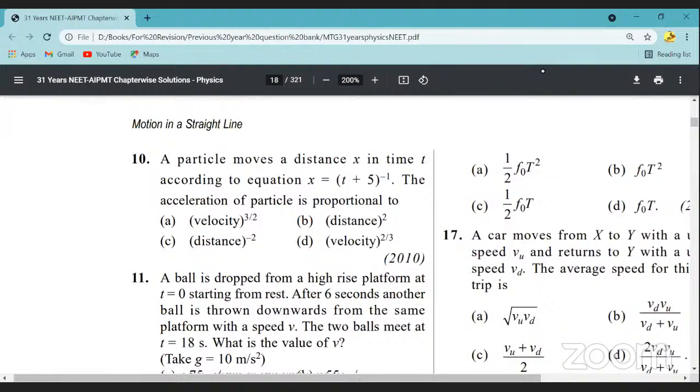Question number 10. X is given, you have to find out acceleration. So we know dx by dt will give us velocity and then dv by dt will give us acceleration. So let's solve.